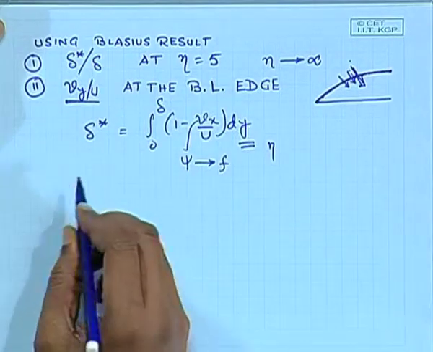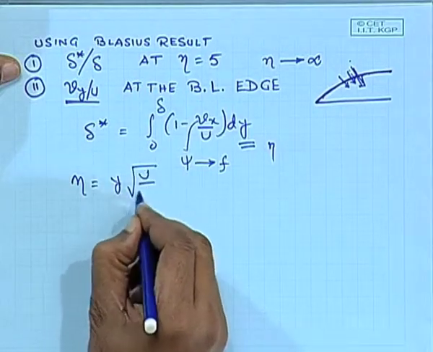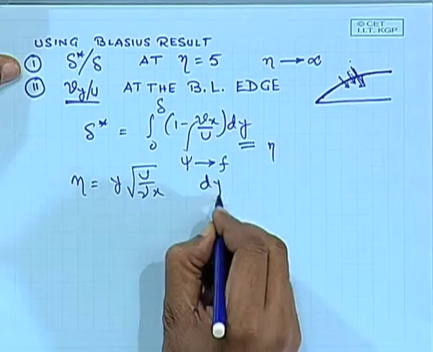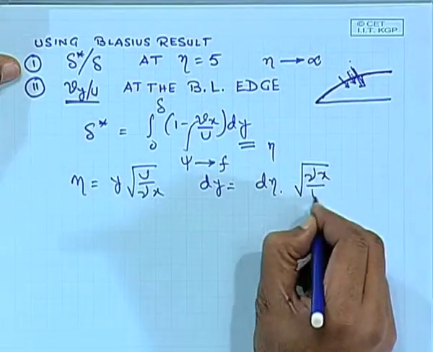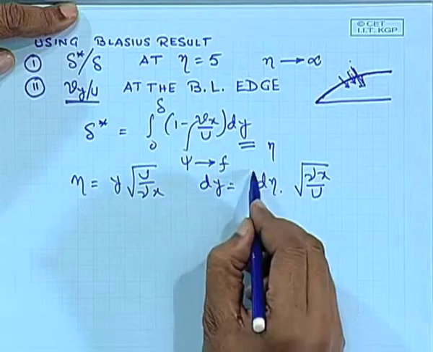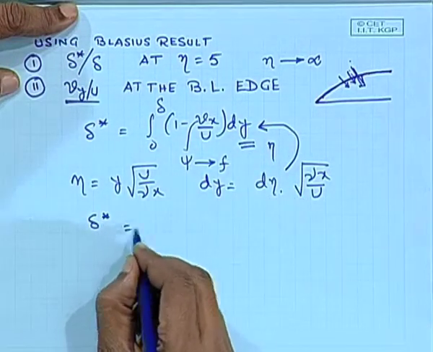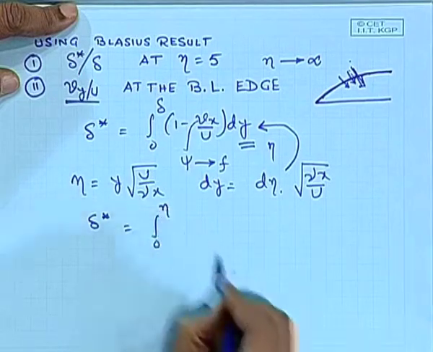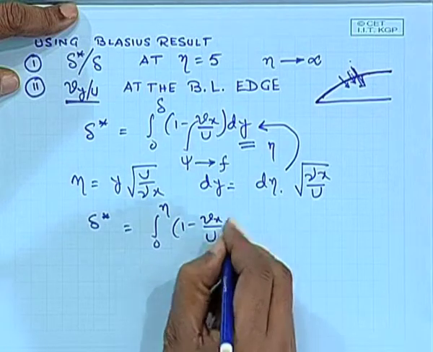So, since I know eta is y root over u by nu x, dy would simply be equal to d eta times root over nu x by u. I substitute this in here. So, my delta star simply becomes the integral from 0 to some value of eta of 1 minus Vx by u.